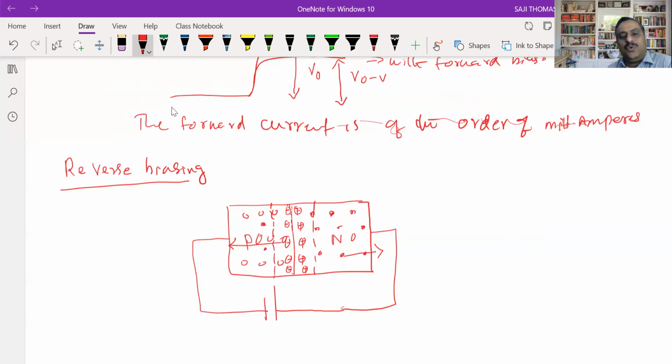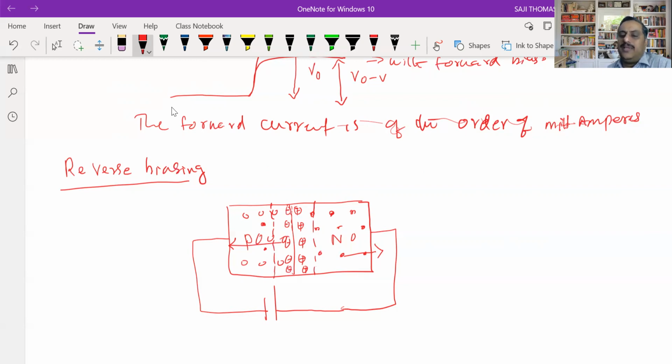However, there is a small number of minority carriers in both the N and P sections. These minority carriers cross the junction, because in the P section electrons are minority carriers. They will be attracted by the positive terminal, towards the positive N side.